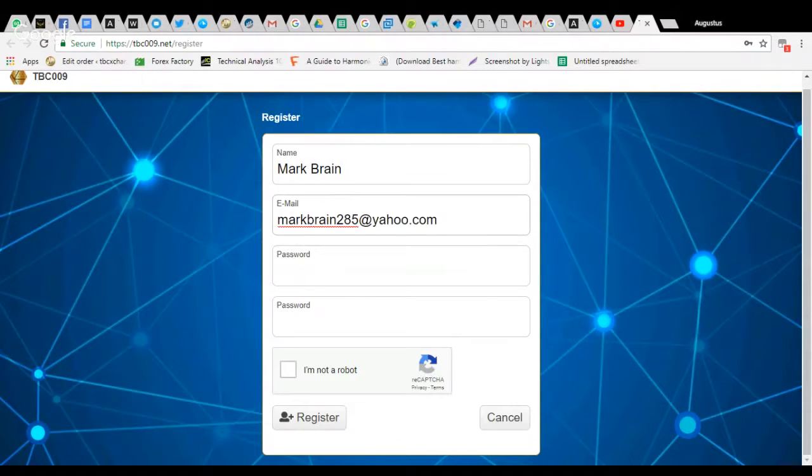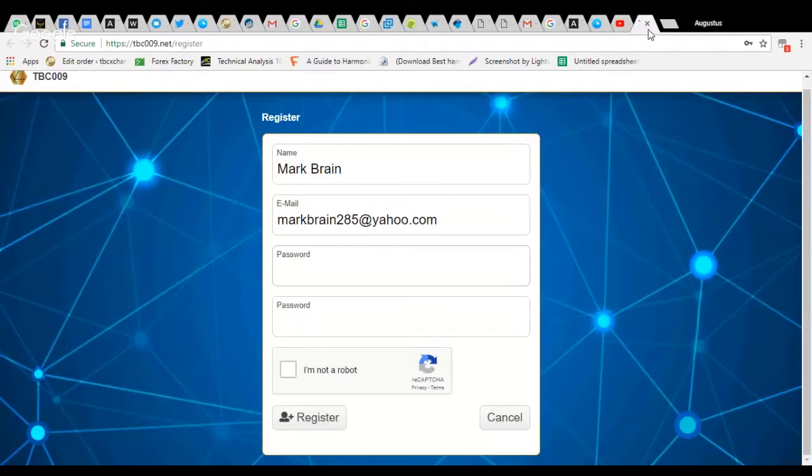I think the network is very slow. Wait for it to load, and then we can click the register button.